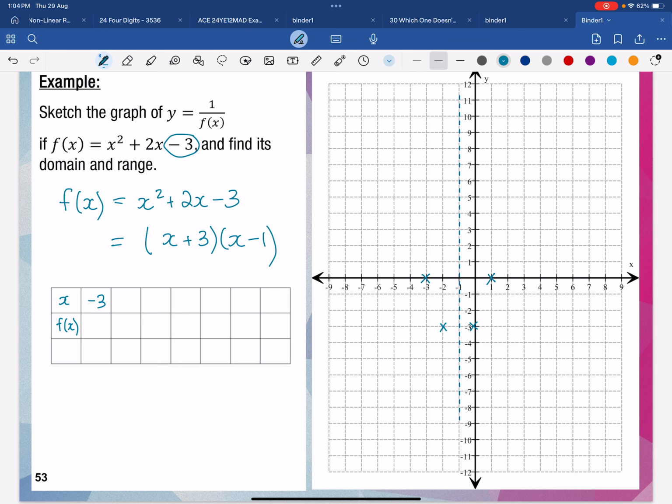All right, so I'm going to start with the numbers that I normally do. I already know that -3 is an intercept. I know that -2 will give me -1. 0 will give me -3. 1 will give me 0, and I've just got a few blanks to fill in.